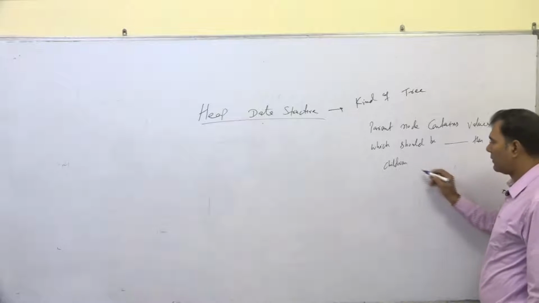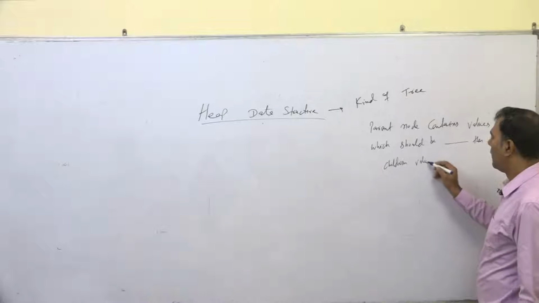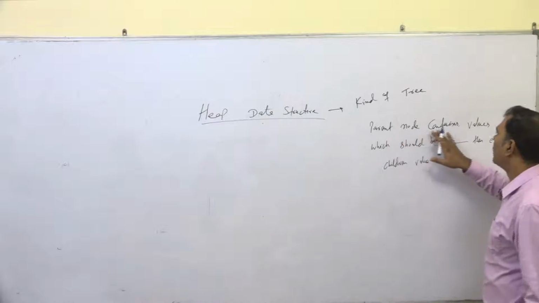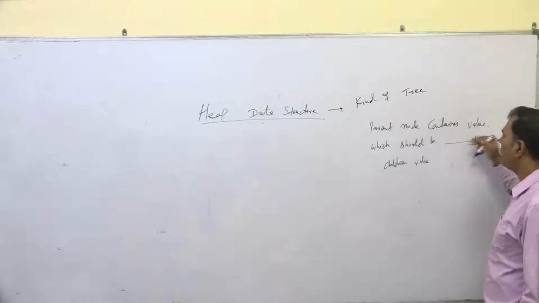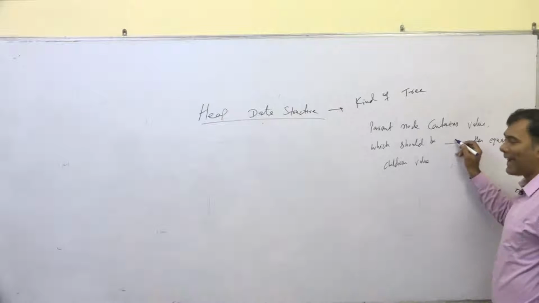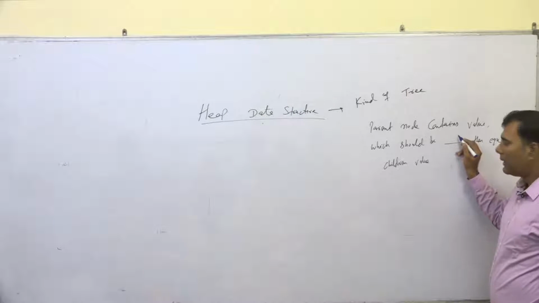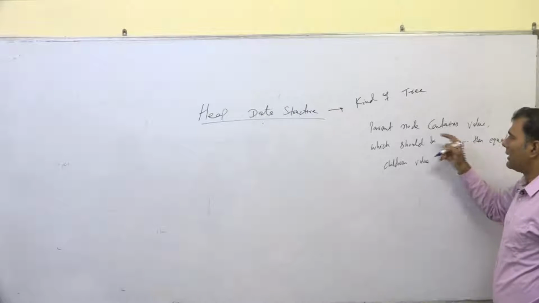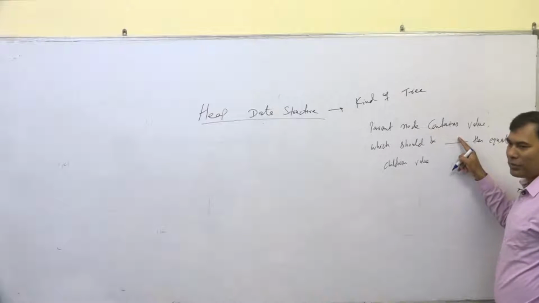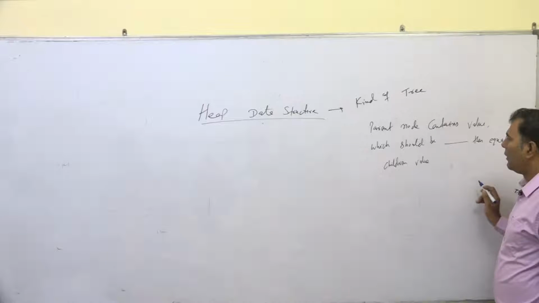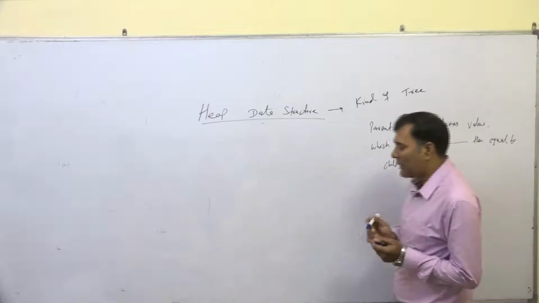Or not? So here the parent node contains a value which should be larger or smaller. If it is larger, it is known as max heap. If it is smaller, then it is known as min heap. So it is a kind of data structure.